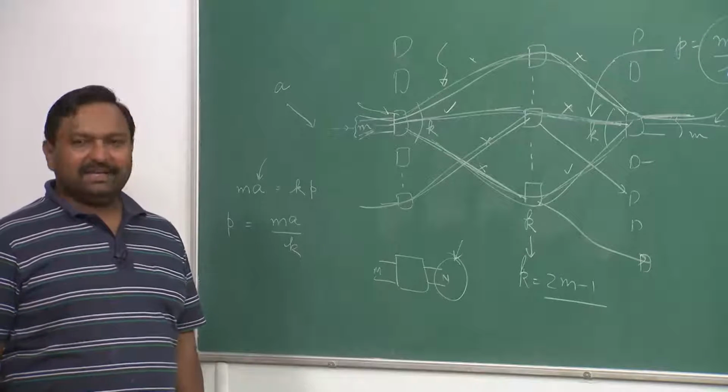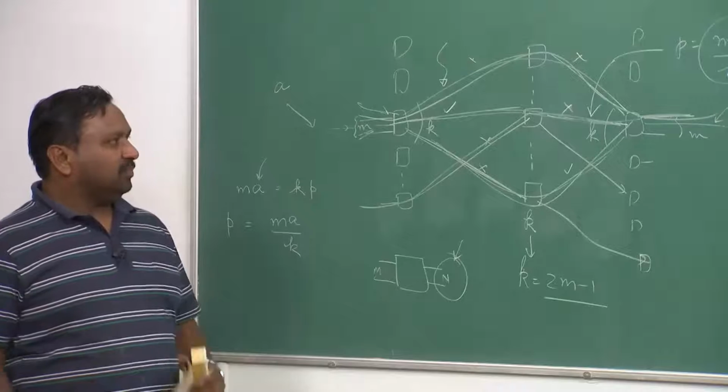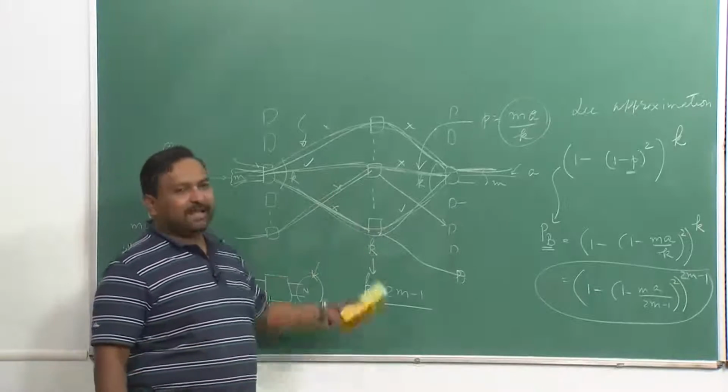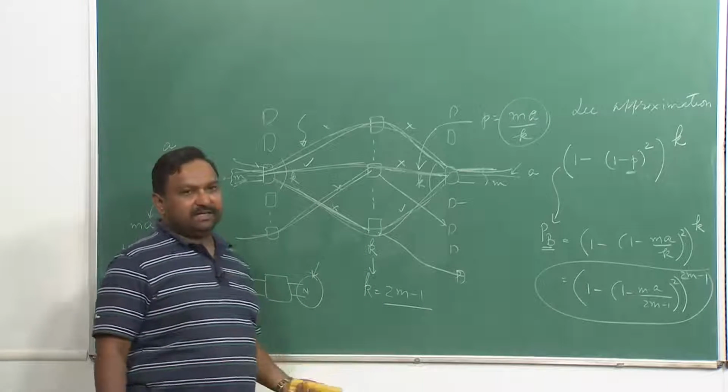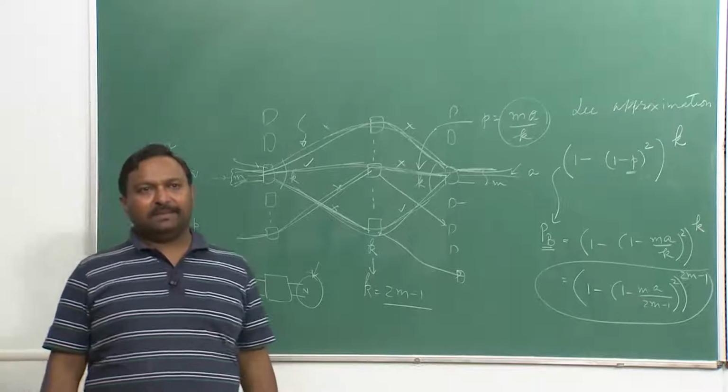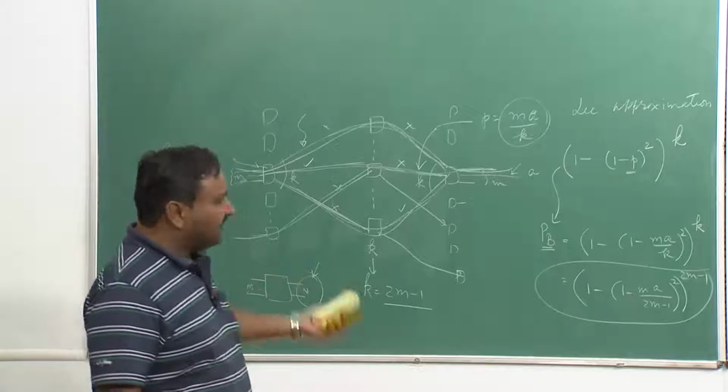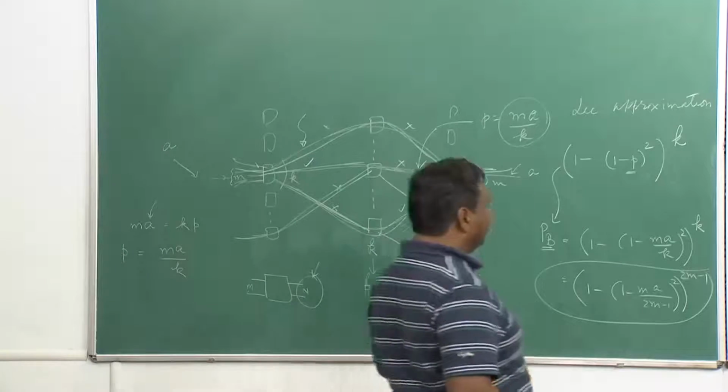I think the mistake is that the probability that call blocking will happen depends on the switch state, and we have not taken that into account. So we have to modify this approach. The modified approach was given by Carnot.